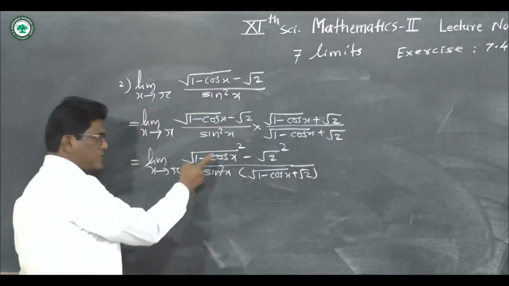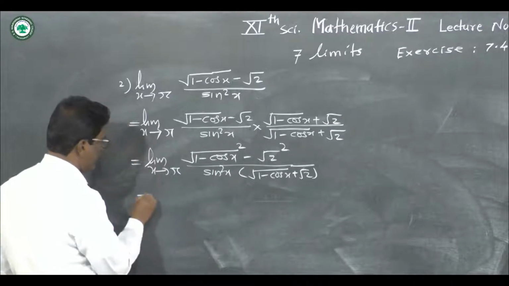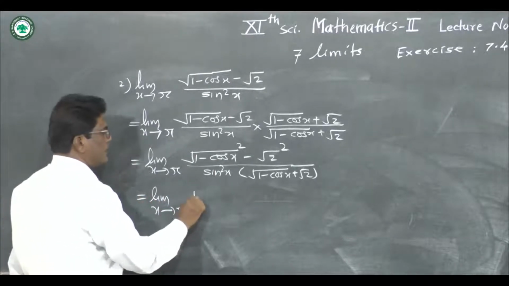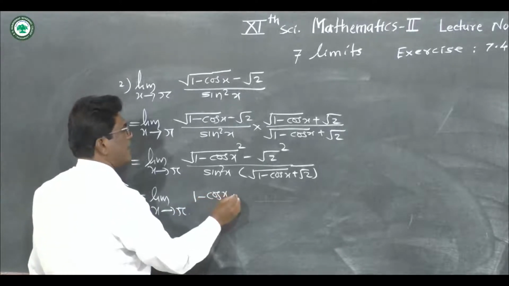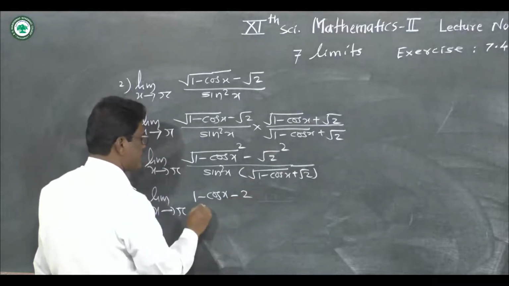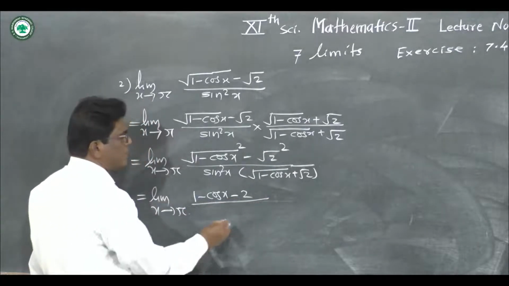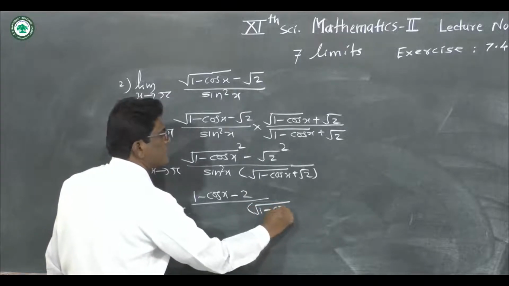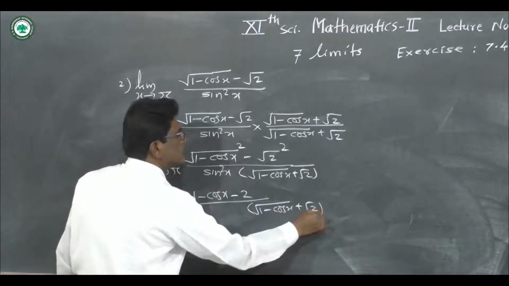Now this square root and square get cancelled. So we get limit as x tends to pi, 1 minus cos x minus 2, divided by, in round bracket, root of 1 minus cos x plus root 2.